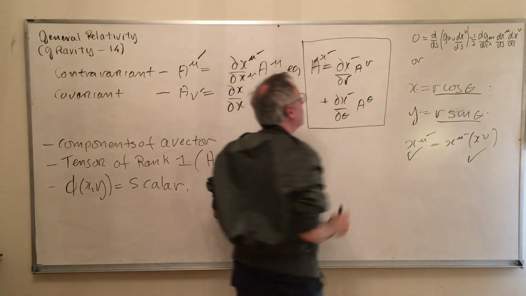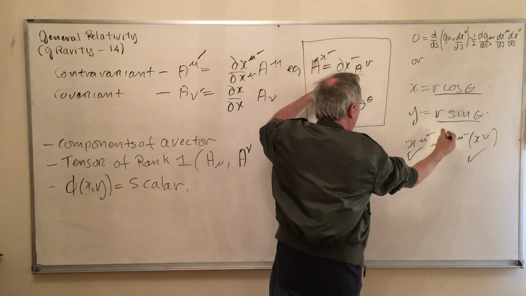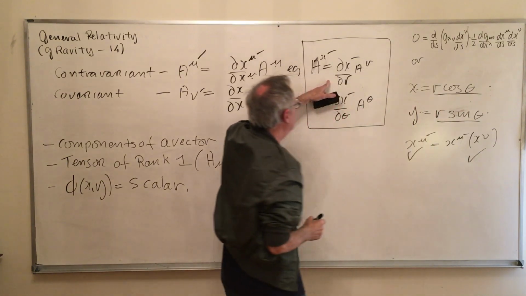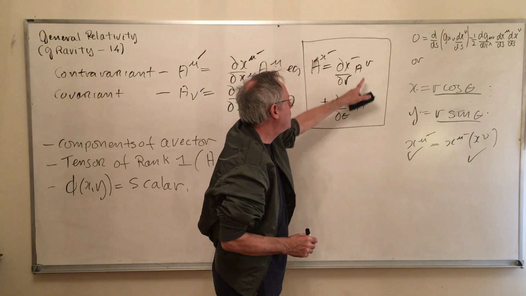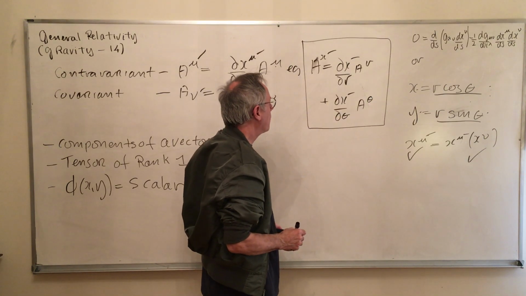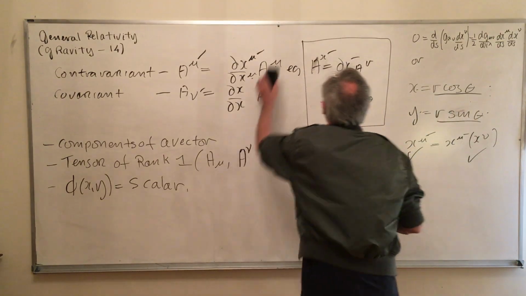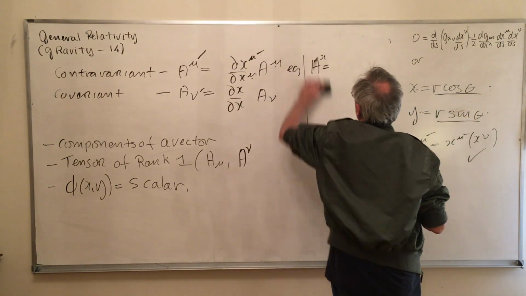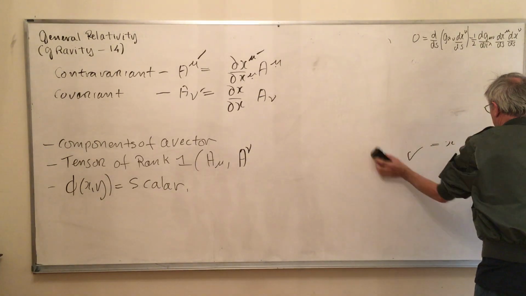We sum over the two components. So for example, in this case here, we go the x dash by the r, this is the x dash, and the x dash by the theta, a theta, ar, okay? So the way the vector transforms decides what kind of a one it is.